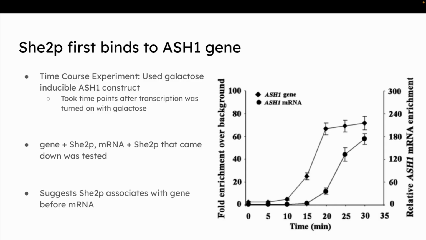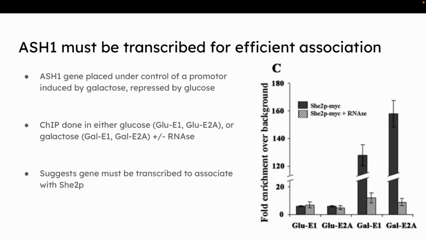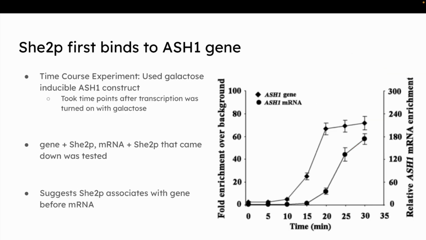And then after a certain amount of minutes, they looked at the fold enrichment just like with ChIP, except now they're looking for either the gene with SHEP2 or the mRNA with SHEP2. And remember, we could do that using this method: we can add RNase to just look at the genes themselves, or we can just not, and then we can look at that.